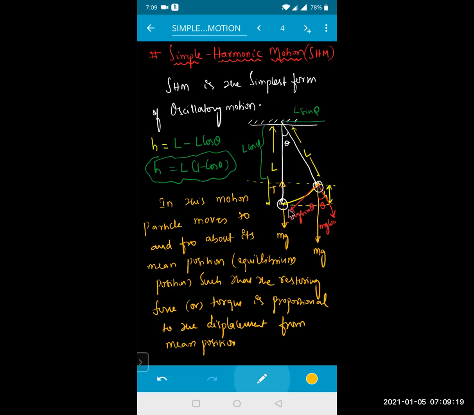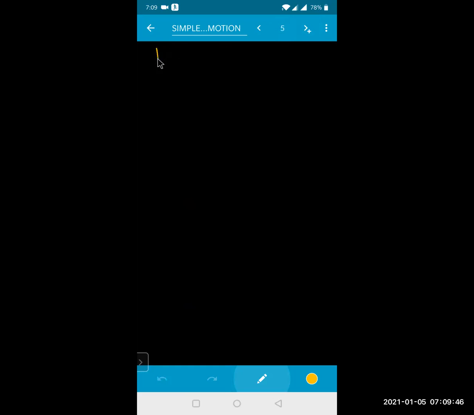So the restoring force is directly proportional to the displacement, but in which direction? Opposite direction, because you are making the body move upward and the restoring force is trying to displace the body in the backward direction. So the restoring force or torque is proportional to the displacement from the mean position, and is always directed towards the mean position.